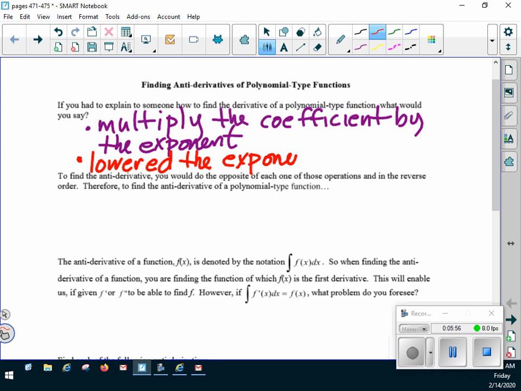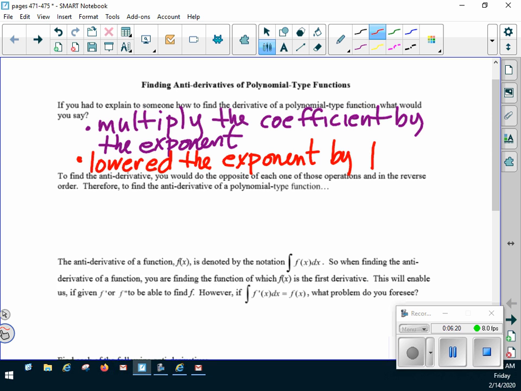You should take the SAT. Lowered the exponent by 1. And that is how you take the derivative of a polynomial type function. This is each term for each individual term, correct?